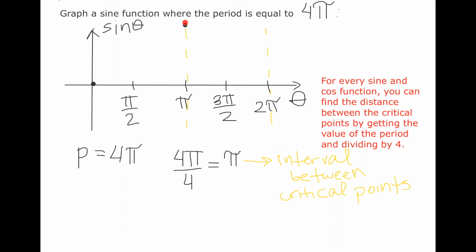After my point of maximum comes an x-intercept, so let's graph that x-intercept over here. And right now, if this is a piece of the graph that you have, you are done because you don't have any more of the graph to graph. So that's going to be the graph of a sine function where the period is equal to 4 pi.